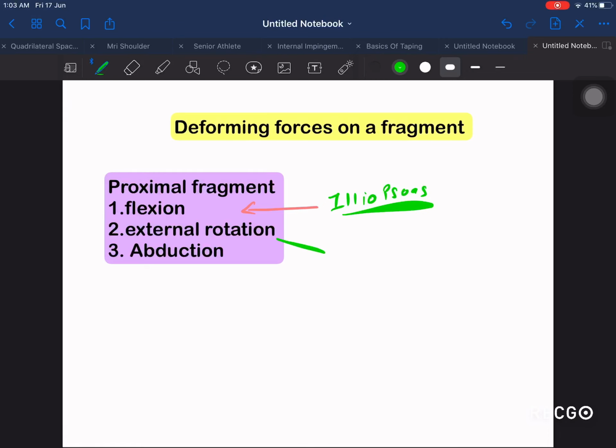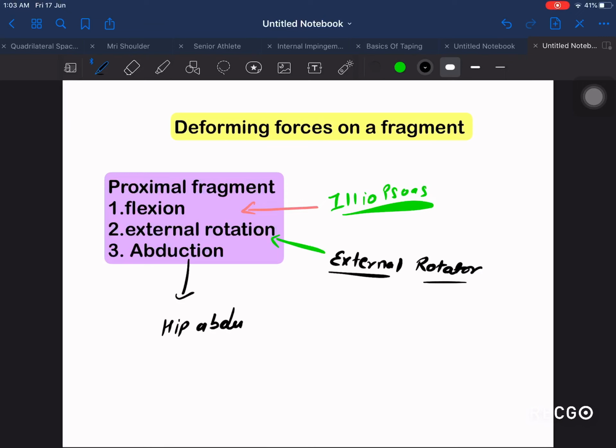External rotation, because of the unopposed pull of the external rotators of the hip, and the abduction is because of the hip abductors.